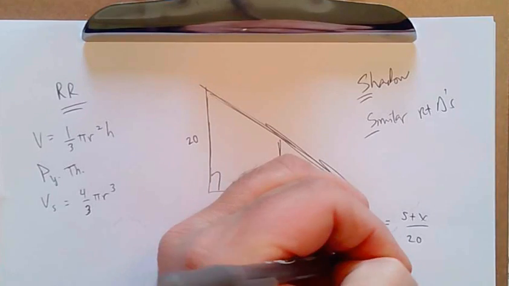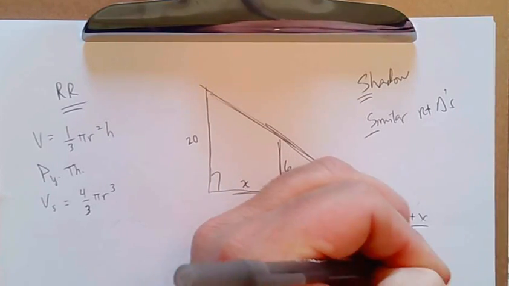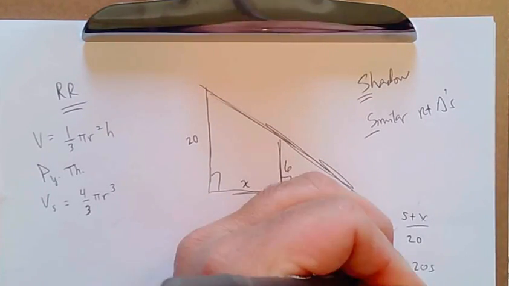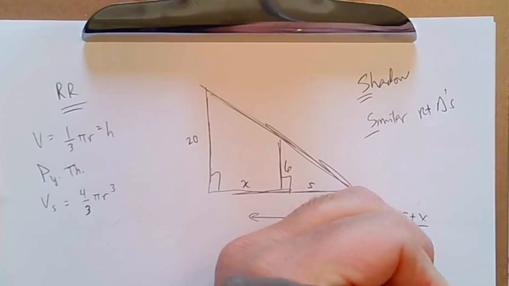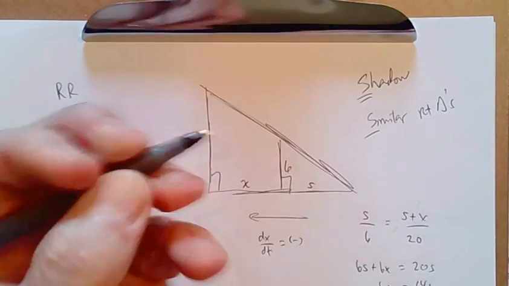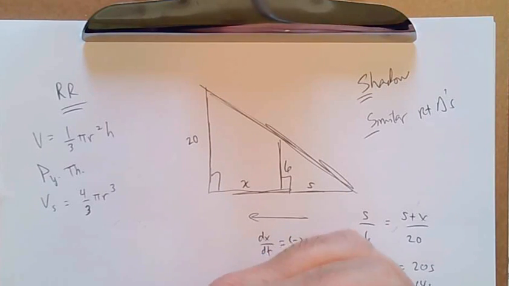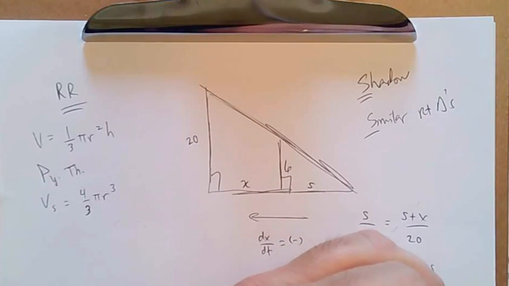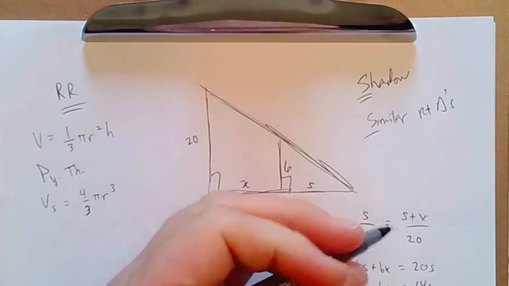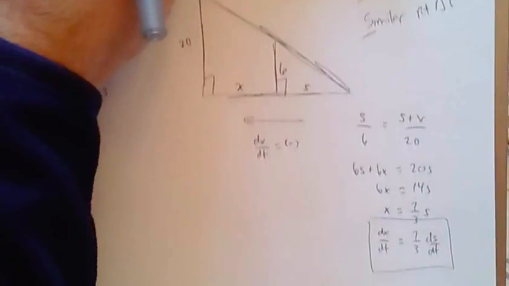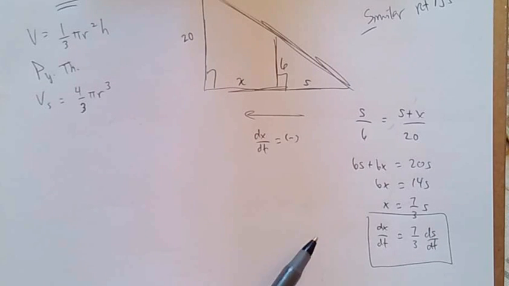And then you cross multiply, and you get your x-s relationship, and you're all set. And then your derivative is going to help you solve for the rate of change of the shadow moving behind. So in this case, you get this final answer, which you can use to find ds/dt, or if you have ds/dt, to find dx/dt, etc.